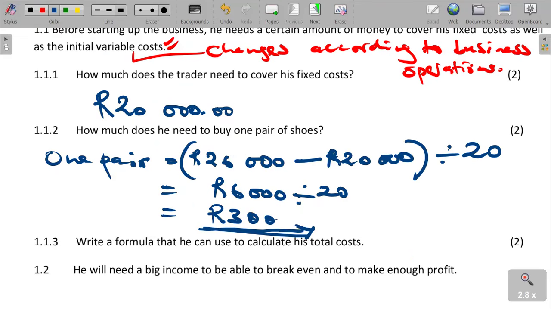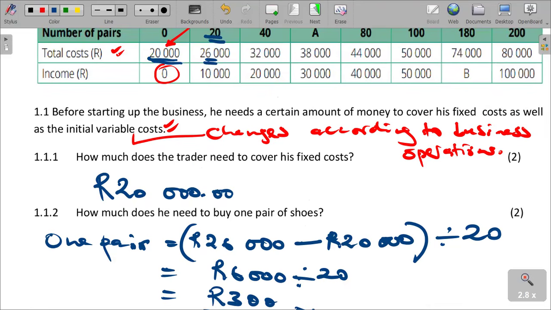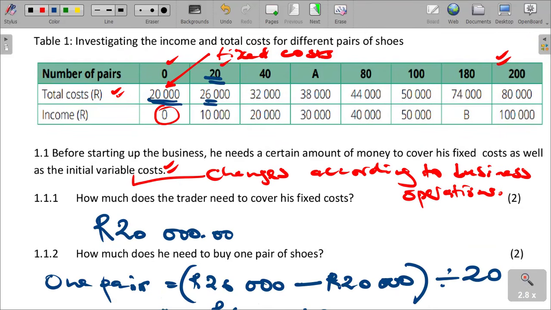What happens is, at no pairs, there is a fixed cost of 20,000. But when there are 20 pairs, we can see that there is a total cost of 26,000. So the total cost at 20 pairs minus the fixed cost, divided by the number of pairs we have at 20.